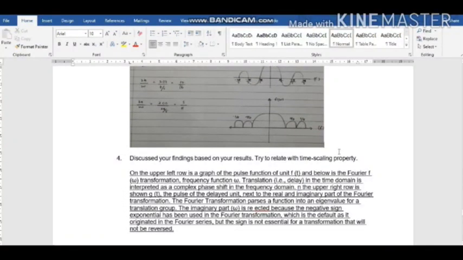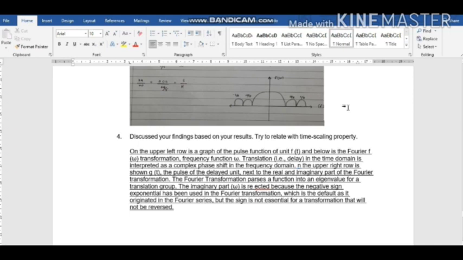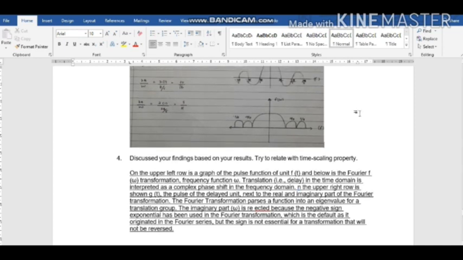And then at question number 4, discuss your findings based on your result. Try to relate with the time scaling property. So to me, the upper left row is a graph of the pulse function of unit f(t), and below is the Fourier transformation F(omega), the frequency function omega.